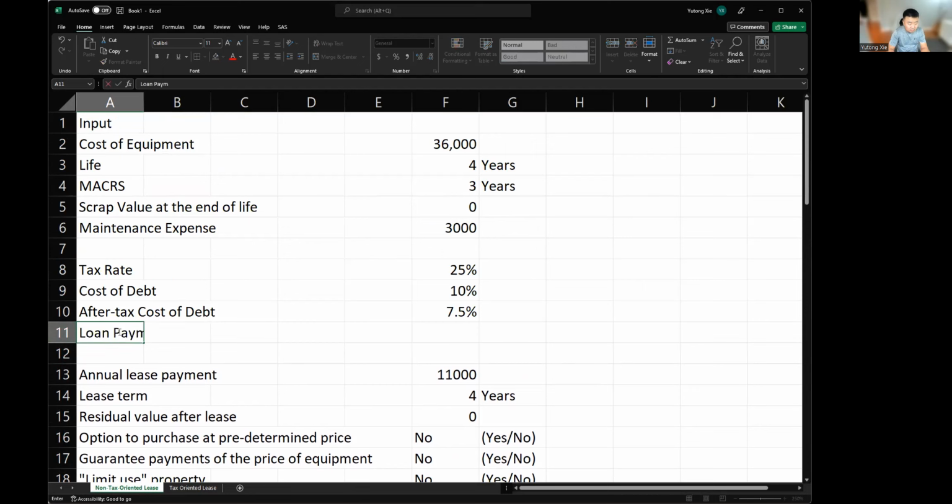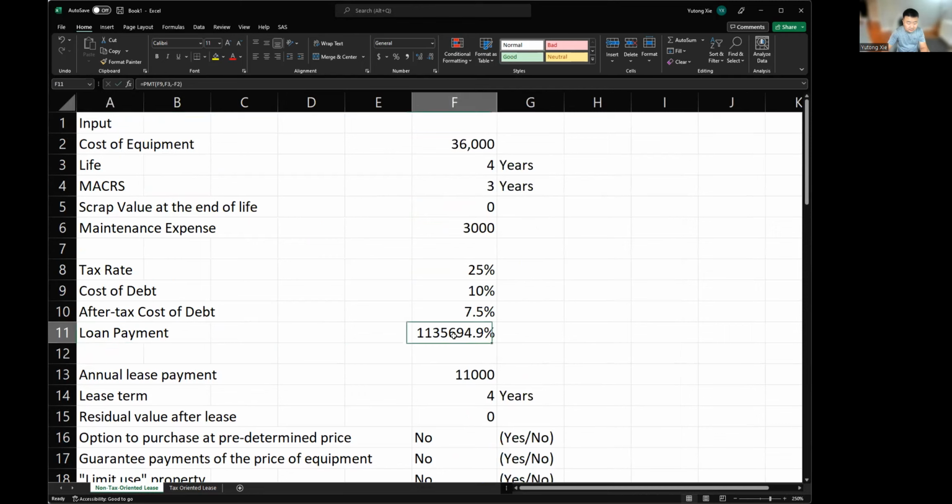The loan payment should be equal to the PMT function, which is equivalent to the financial calculator PMT. The cost of debt should be 10%. The number of periods is 4. The present value should be negative 36,000. And that's it. I got this number.